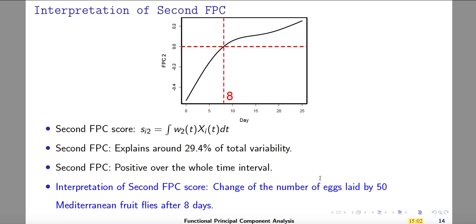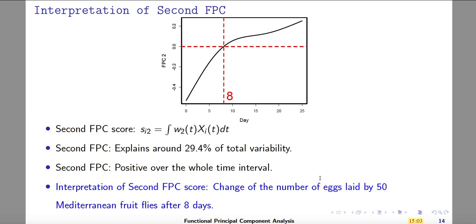Actually, we found that for most applications, the second FPC is positive in some intervals and negative in other intervals. So in most applications, the second FPC can be interpreted as the change of the process over two time intervals.